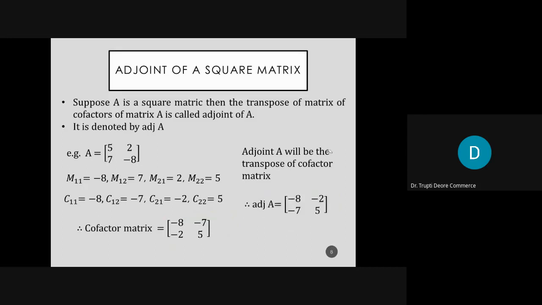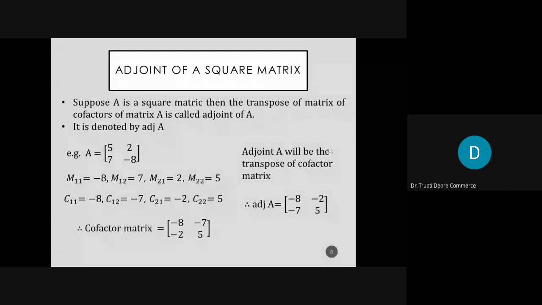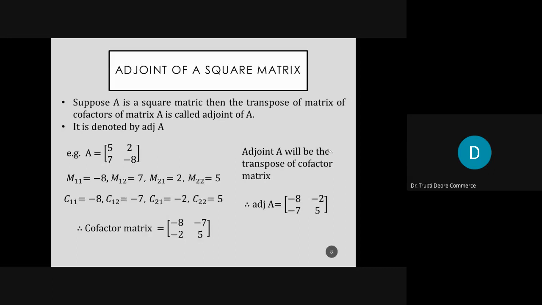Is this clear? Adjoint of a matrix means the transpose of the matrix of cofactors of matrix A. They may ask you an MCQ with the definition: what do you mean by adjoint matrix?